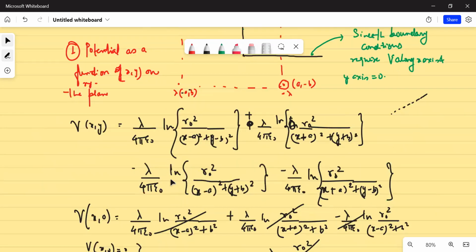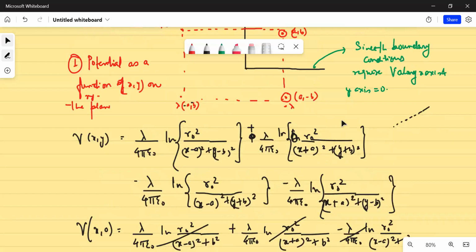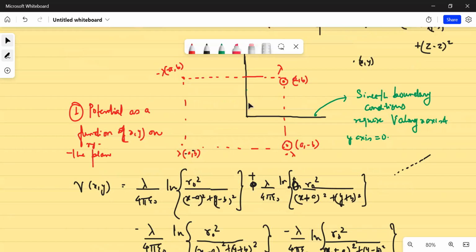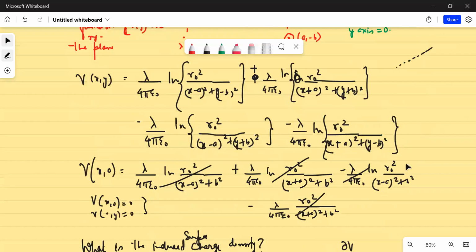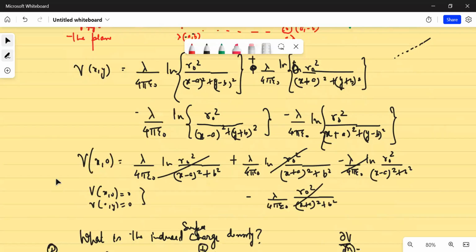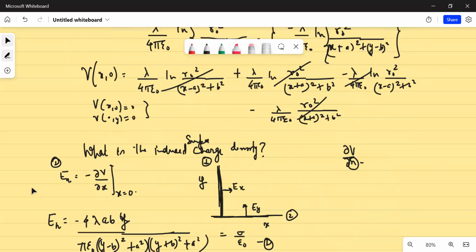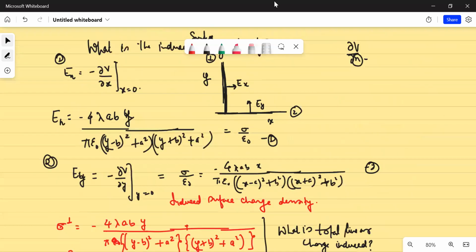And I found that my potential as a function of x, y is this, and it is also giving me the right result, because I can expect that my potential on this particular plane should be 0, and my potential on this particular plane should be 0. So whatever potential I wrote as a function of x, y is giving me the right results for the boundary conditions. Is that clear? Next, I also wanted to calculate the induced surface charge density. So the induced surface charge density comes out in this fashion. Is that clear?